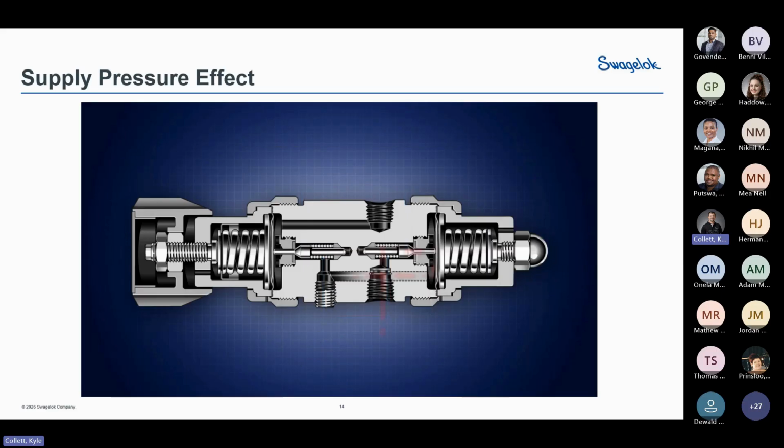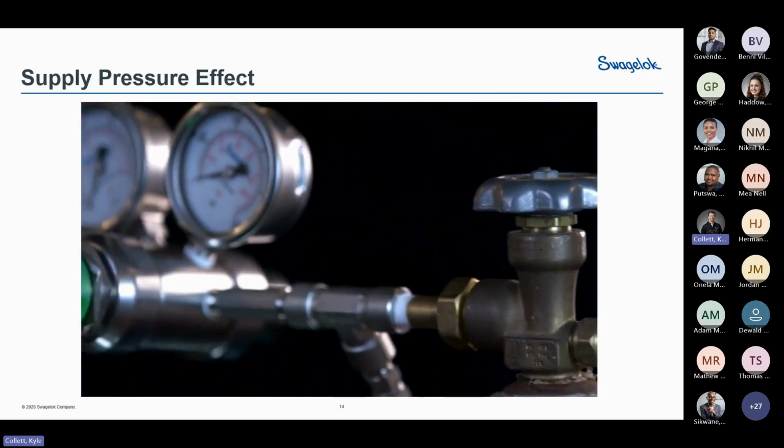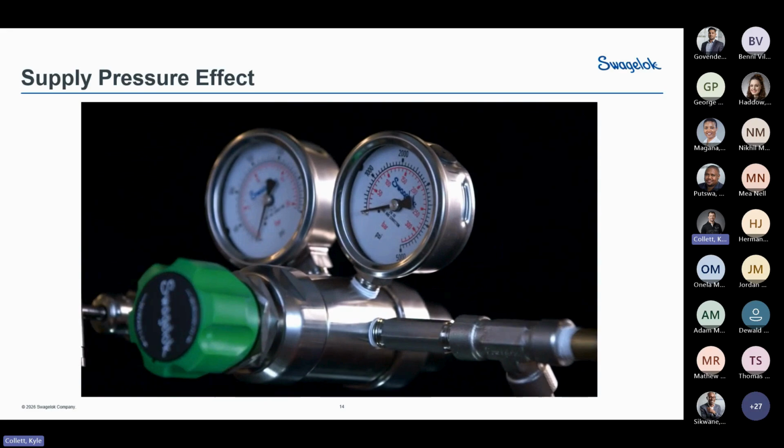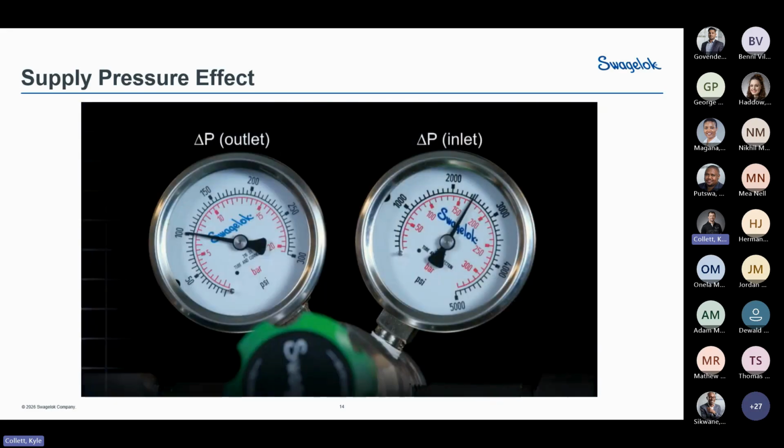The first stage regulator controls the inlet pressure variation to some degree, while the second stage regulator controls it further. Together, the two regulators bring the outlet pressure very close to the target. We will use a KCY model regulator and return to our supply pressure effect example. The cylinder empties from 172 bar to 34 bar, or 2500 psig to 500 psig.